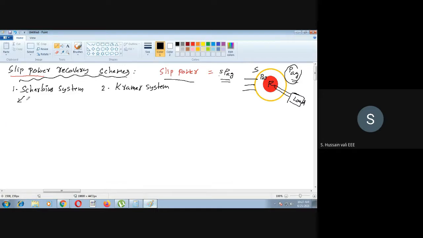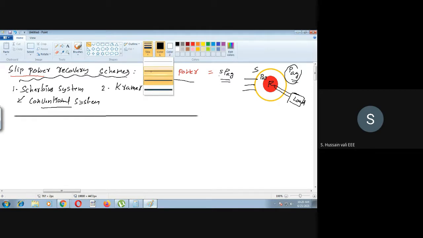Now we'll see here. First we'll study the conventional system, that is the conventional Scherbius system. In the Scherbius system, the first one is the conventional system. We'll draw the block diagram of this first.